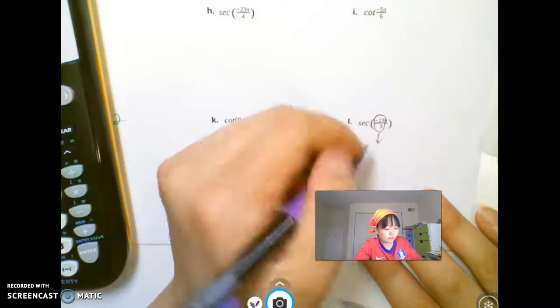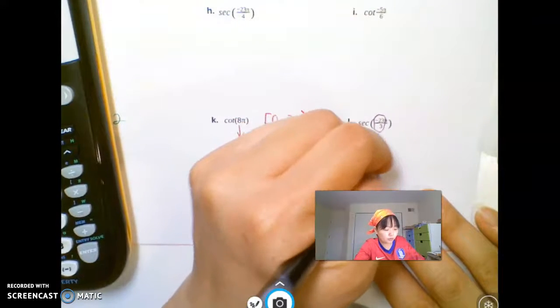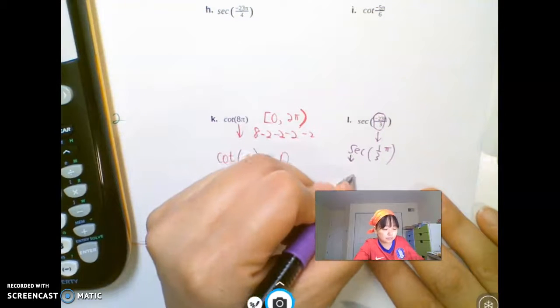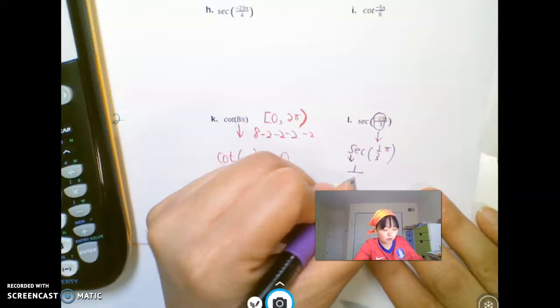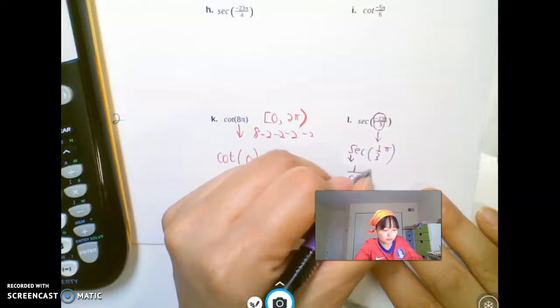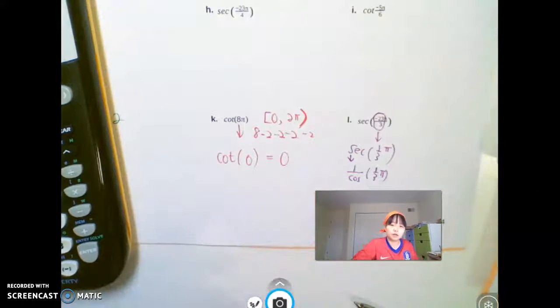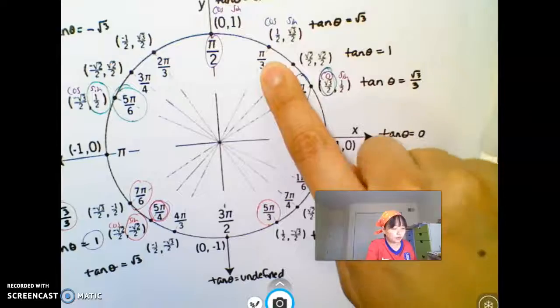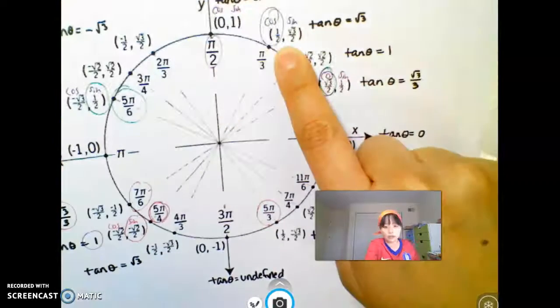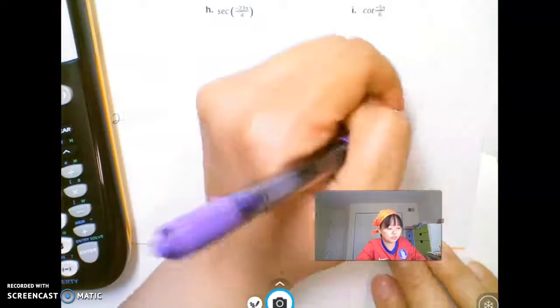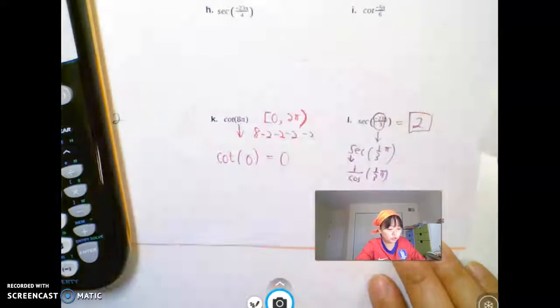So we're really looking for secant at 1 pi over 3. Secant is the reciprocal of the cosine, C and S, remember? So look for the cosine at 1/3 pi. Cosine is 1/2, right? And then you have to flip it, reciprocal. It's going to be just 2.